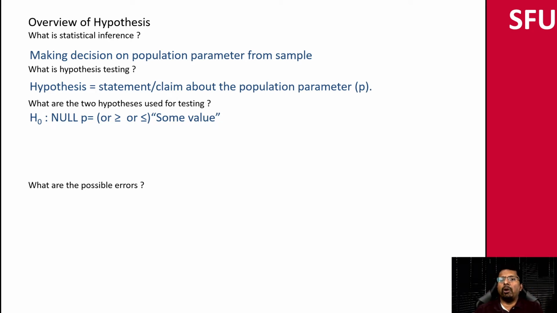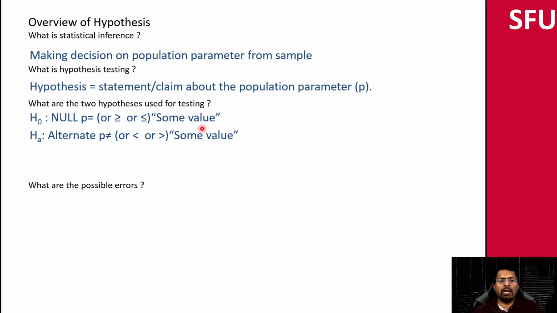Generally the null hypothesis will state that the parameter is equal to some particular value, or it could be that it's greater than or equal to some value or less than or equal to some value. So generally the null hypothesis would include the equality case. The alternate hypothesis is going to be the entire domain or area which is not encompassed by the null hypothesis.